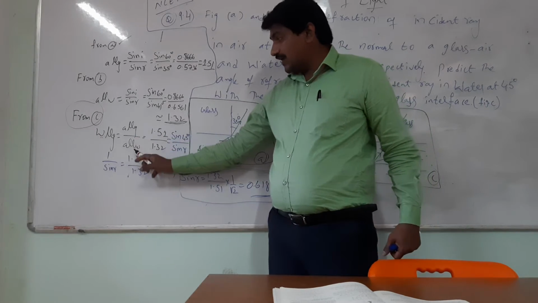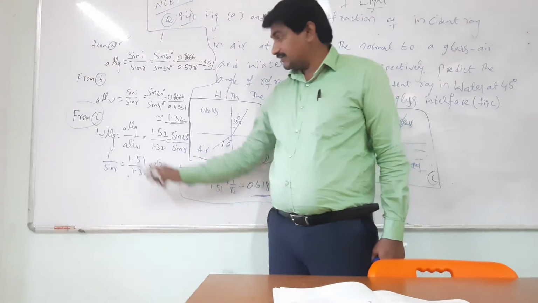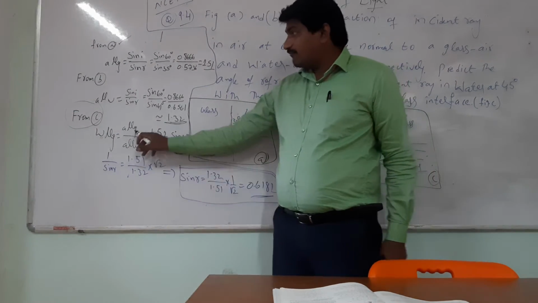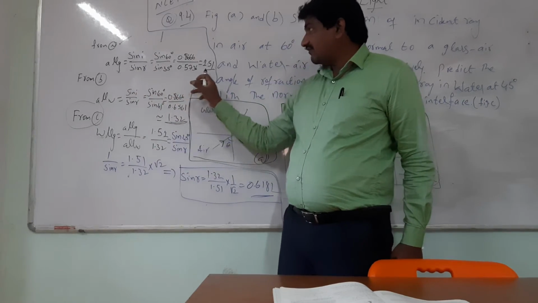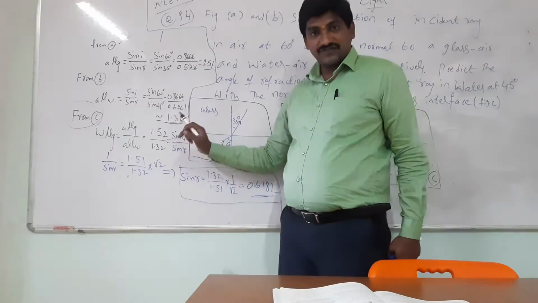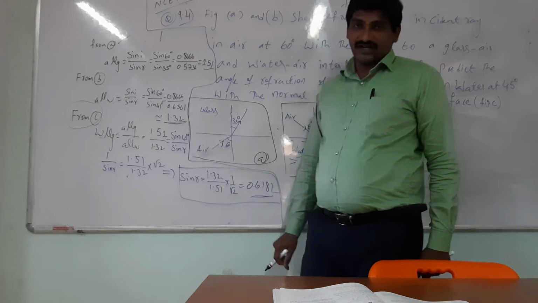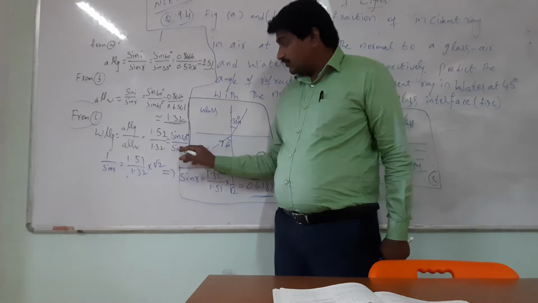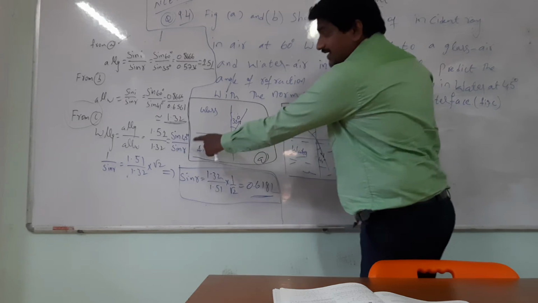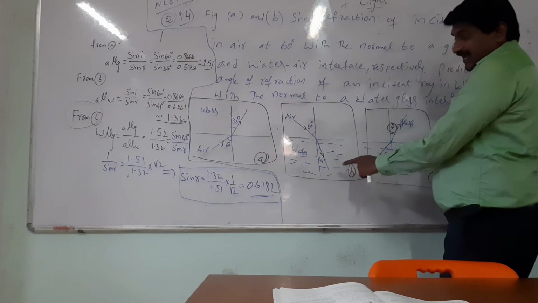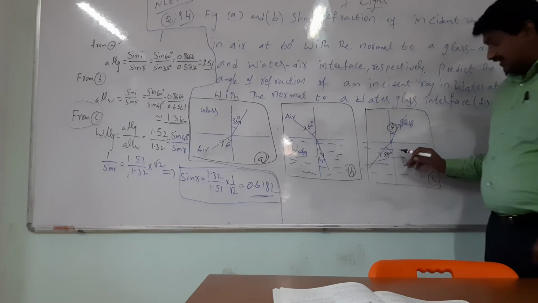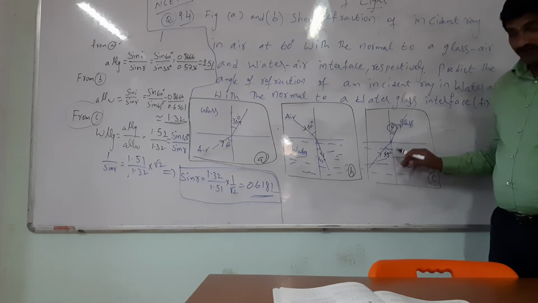So we can write a mu g by a mu w from the refractive indices. A mu g from figure A is 1.51 and a mu w is 1.32, which is equal to sin i by sin r, Snell's law. Sin i is nothing but, in figure C, the incident angle 45 degrees.